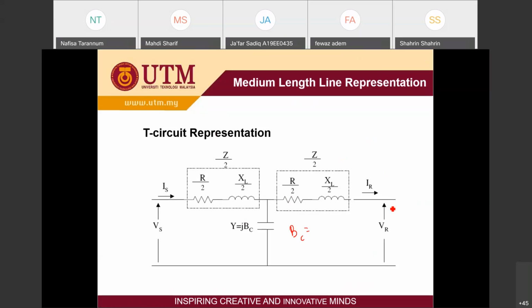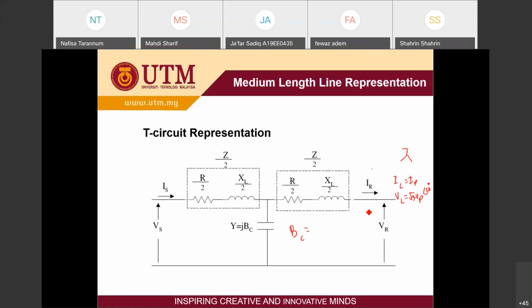And as noted earlier, for the receiving end the connection is a Y connection, meaning that I line is I phase, but V line is square root of 3 times V phase with an angle of 30 degrees.